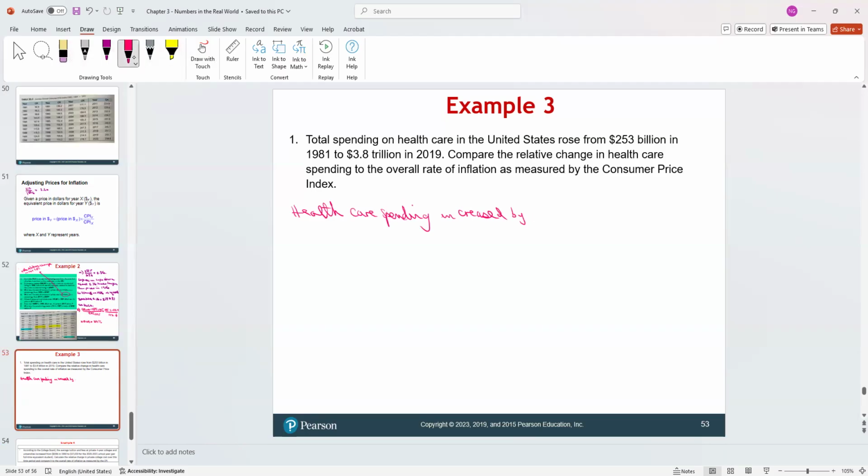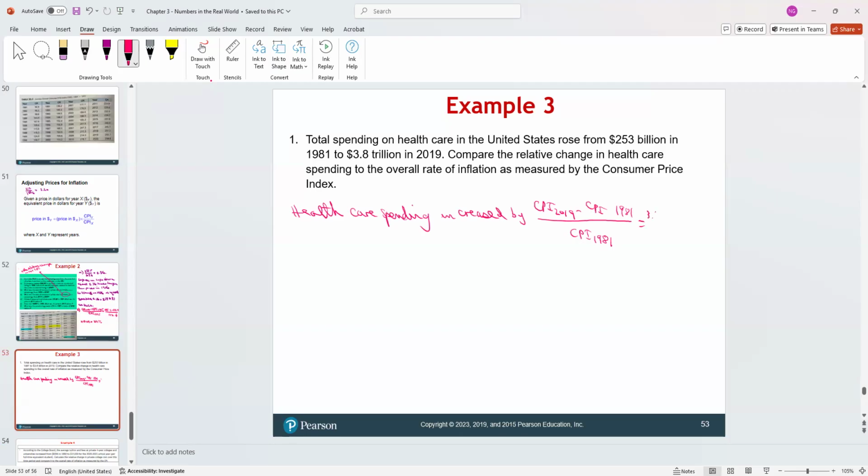Relative change means we take what happened in 2019 minus 1981, and we divide it by the value of 1981.